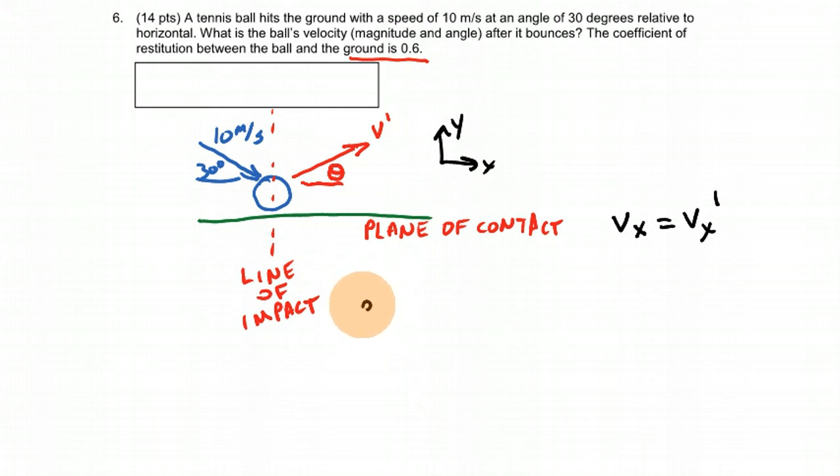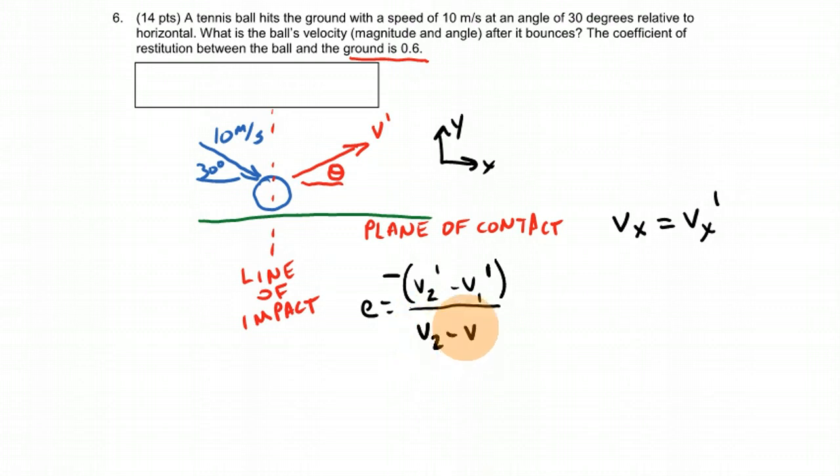So we said in general e is the difference of the final velocities, V1 prime minus V2 prime, negative, over, just referring back to my equation sheet, V2 minus V1.